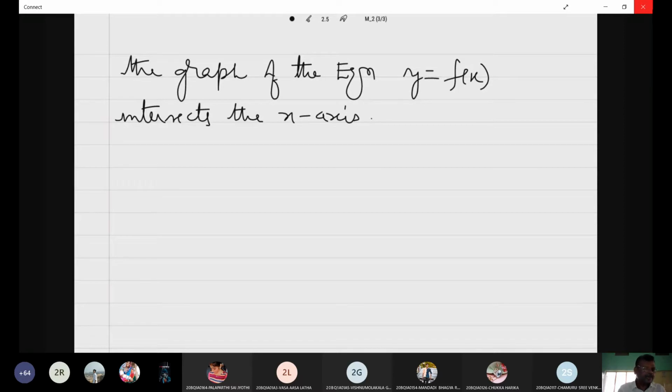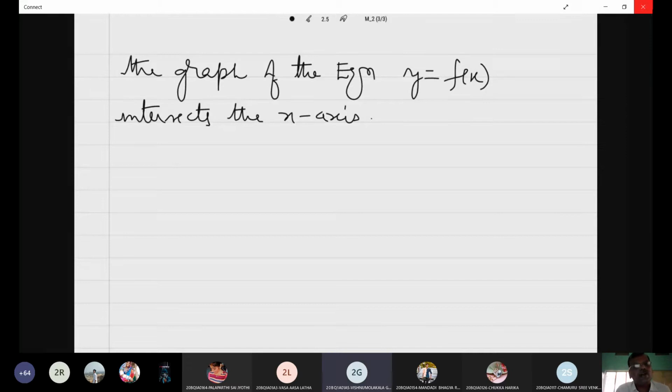Now, some of the important points that we have to observe in the roots of this equation. Suppose a polynomial equation of degree n, how many roots exactly does it have? Tell me anyone? N roots, sir. Very good. Are the roots real or complex, simple or multiple?